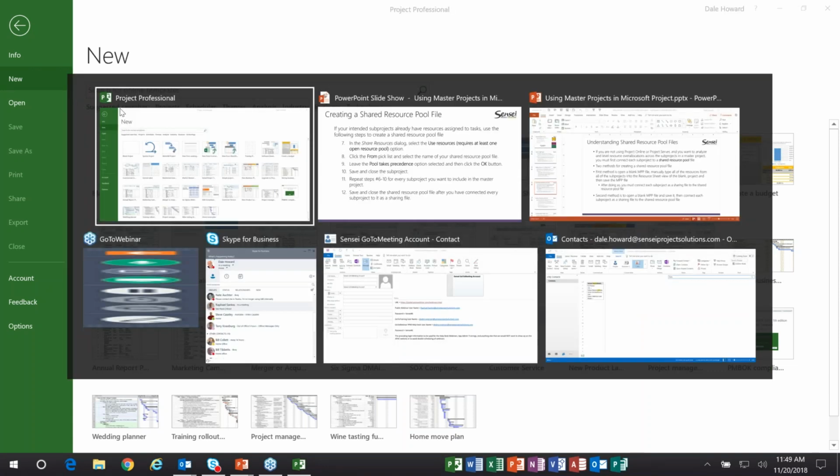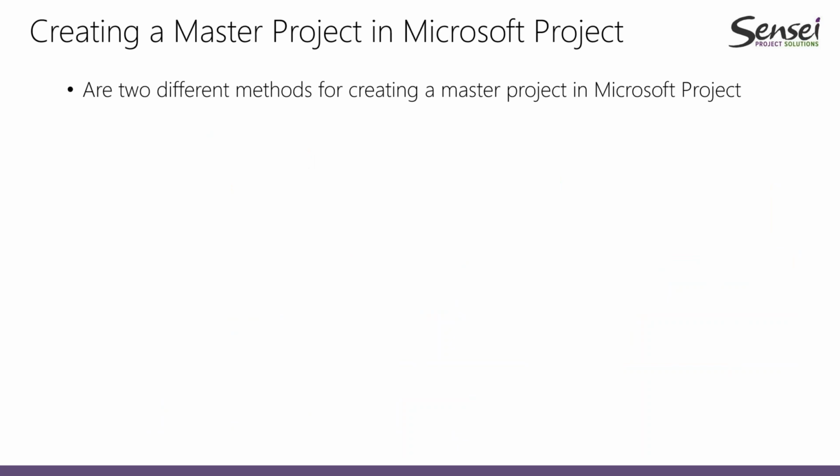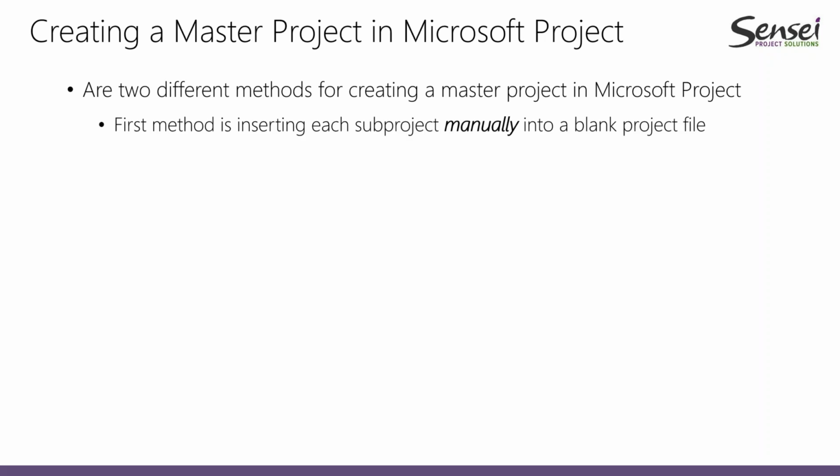Now, back to my PowerPoint. Let's talk about creating a master project in Microsoft Project. There's actually 2 methods, ladies and gentlemen, for creating a master project in Microsoft Project.